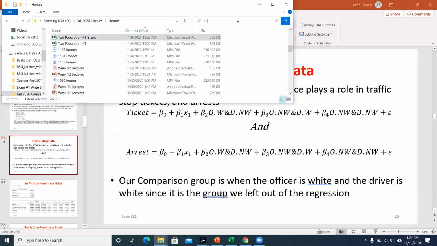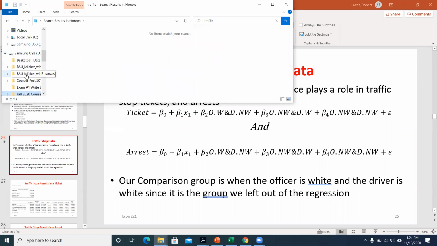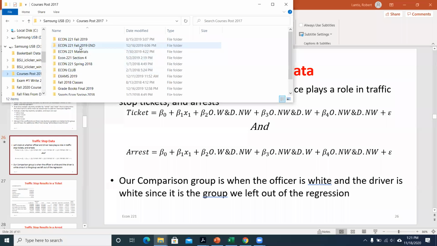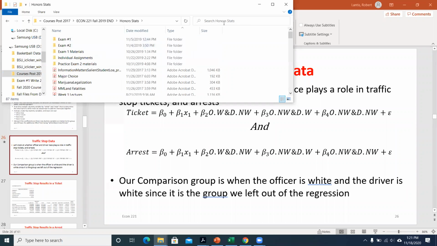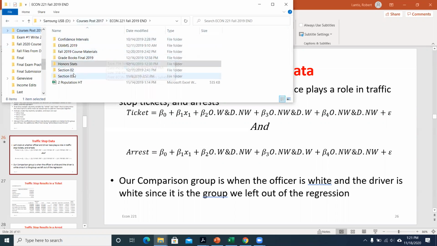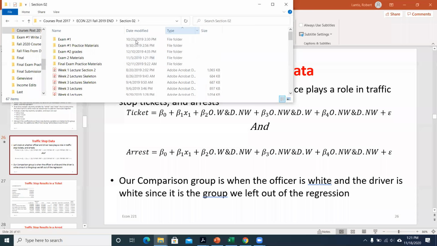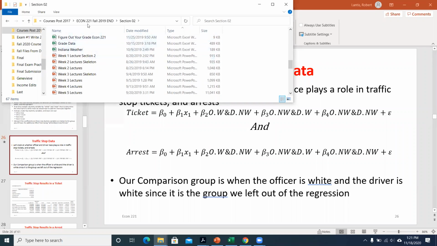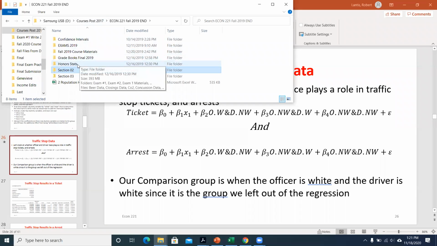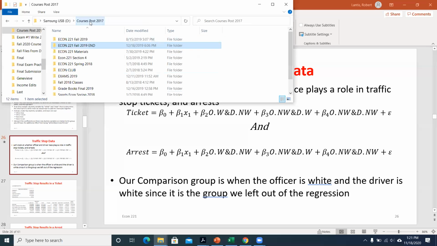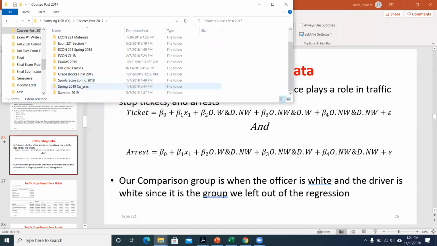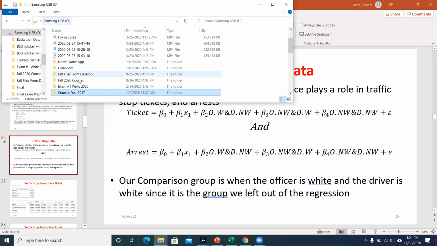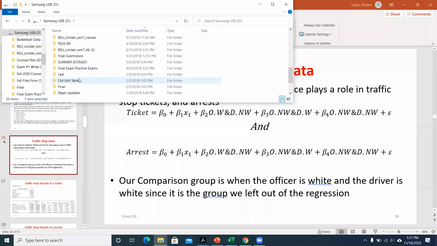Traffic stop. Did I put it in this? No. I think it's in one of my old ones. So let's go here. No, I've got it floating around here somewhere. Where would it be? Sorry, I thought I had it in your folder, but apparently I don't.